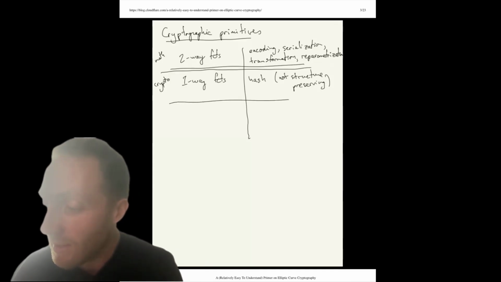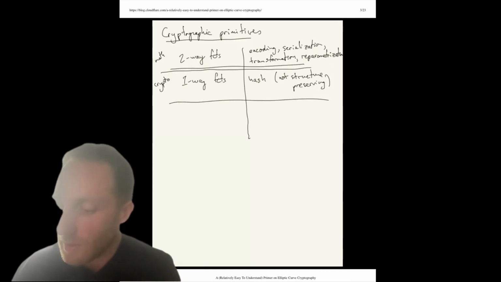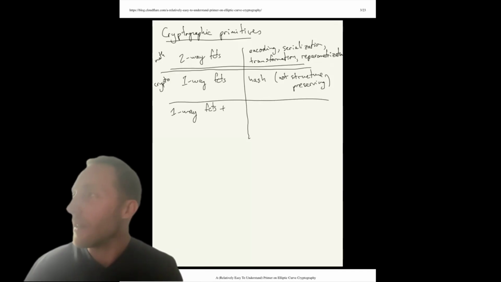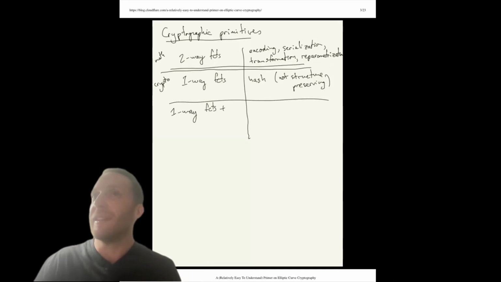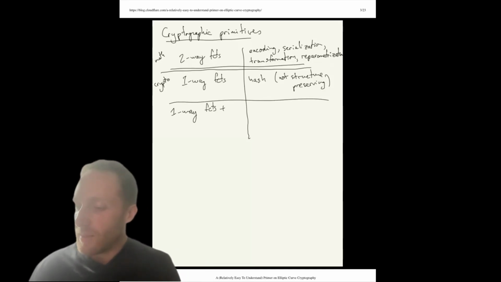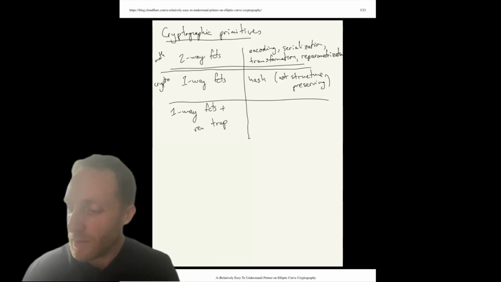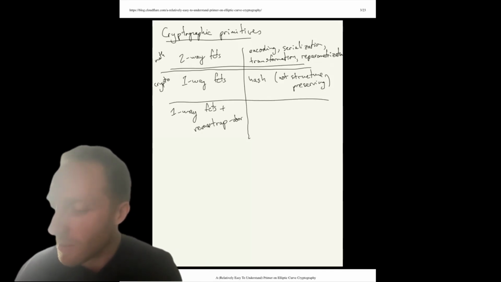So one-way functions, and then the next step, which is interesting, is one-way functions plus a trapdoor. I call them trapdoors, but kind of, I guess, reverse trapdoor, right? And this basically is just encryption.